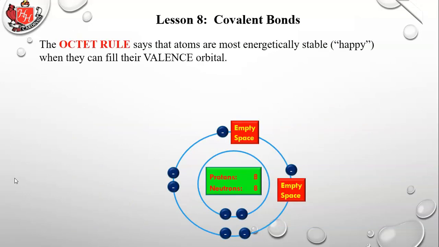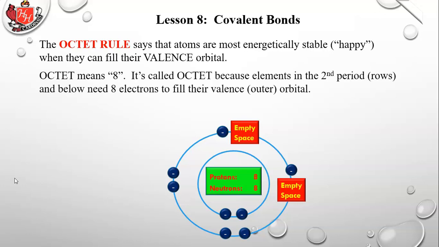The octet rule says that atoms are most energetically stable. We can just use the metaphor happy when they can fill their valence orbital, their outer orbital. Octet means 8. It's called octet because elements in the second period and below need 8 electrons to fill their valence outer orbital.